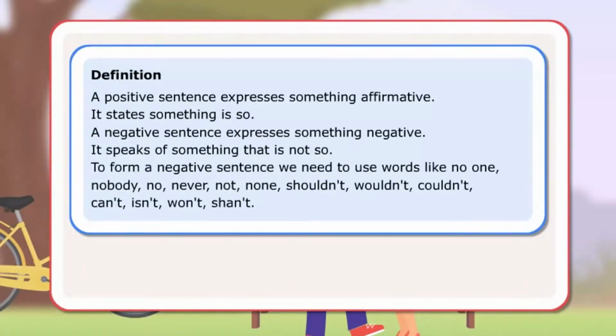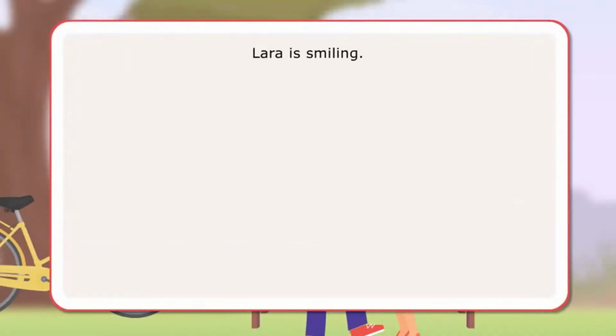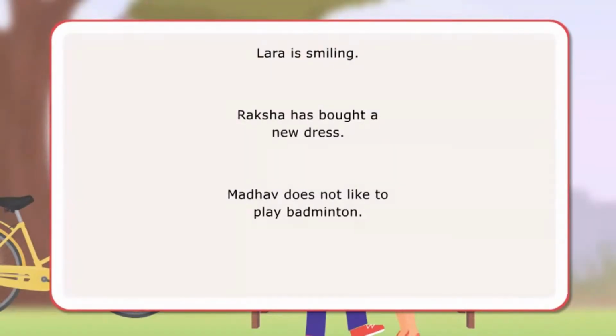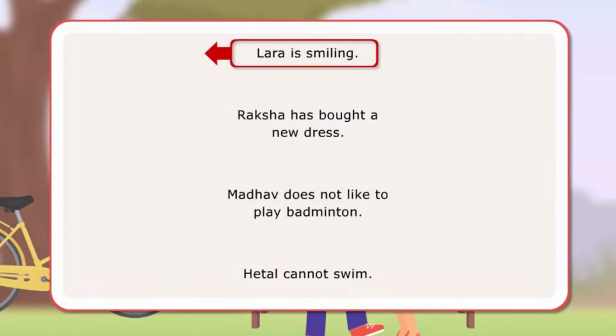Let us look at few sentences. Lara is smiling. Raksha has bought a new dress. Madhav does not like to play badminton. Hetal cannot swim. The first sentence affirms that Lara is smiling, and so is a positive sentence.